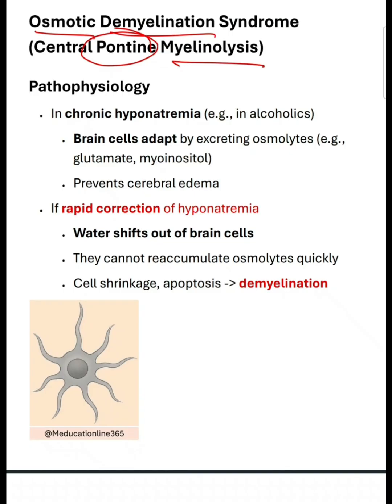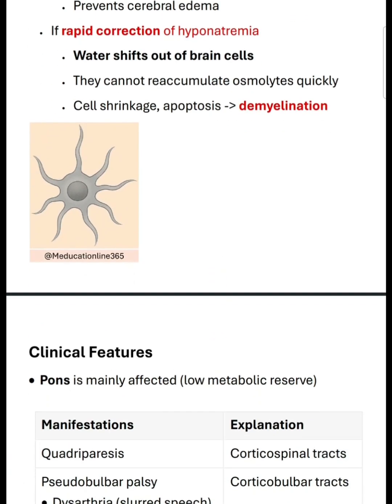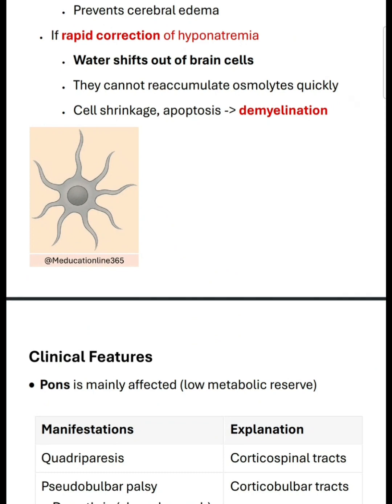So before we go into the pathophysiology of this condition, let's review some normal physiology of the brain. The brain has different types of cells like neurons and glial cells. In the glial cells, we have astrocytes, oligodendrocytes, etc. The interior of the cell and the extracellular fluid stay in equilibrium in terms of osmolarity.